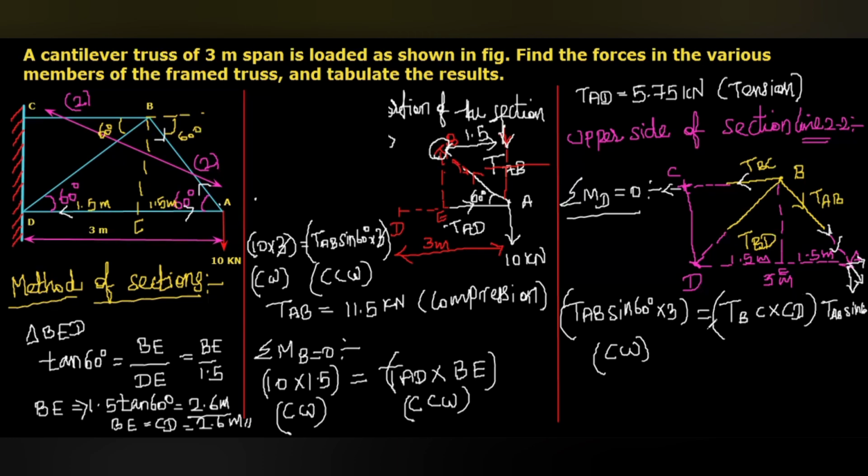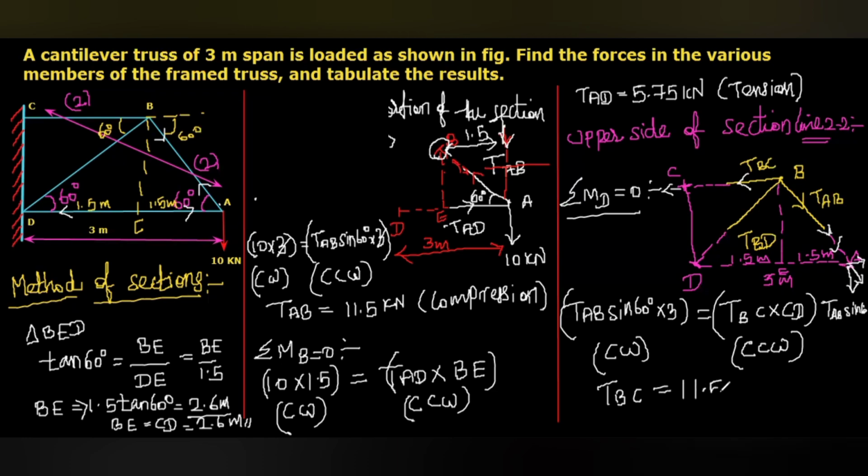And we know the value of CD, that is 2.6, which is equal to BE, because BE equals CD. So from this, the value of TBC we can calculate: 11.5 kilonewton.